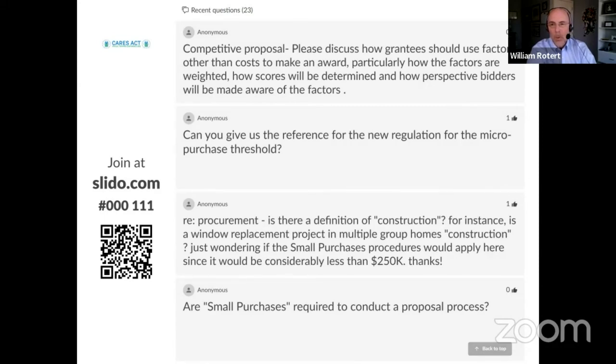Those factors should be weighted in some way. You should go through the proposals on an objective basis and score them. And you should have all that information in your file afterwards to show that you went through that process. But it doesn't specify exactly what those factors must be because it varies from procurement to procurement.